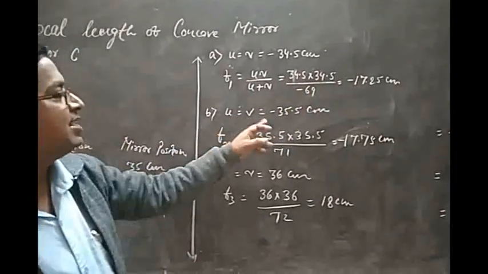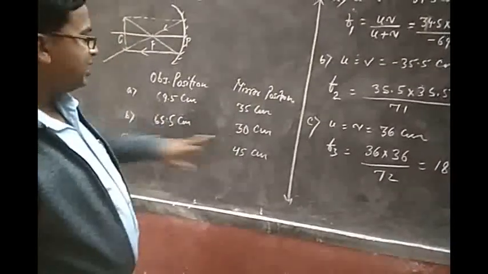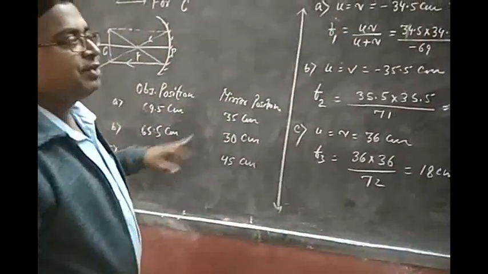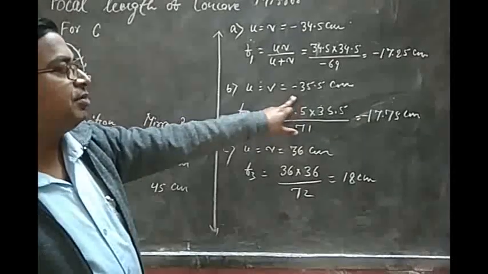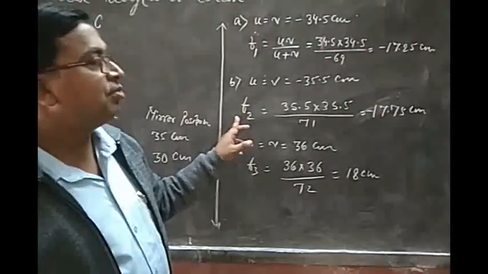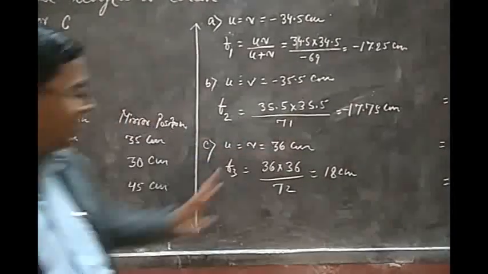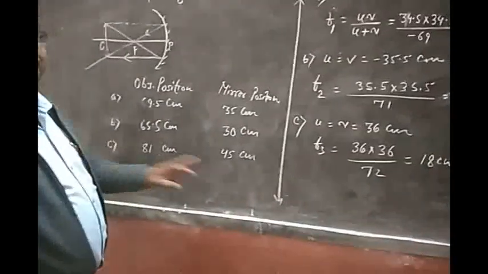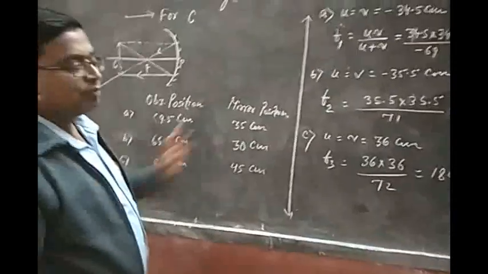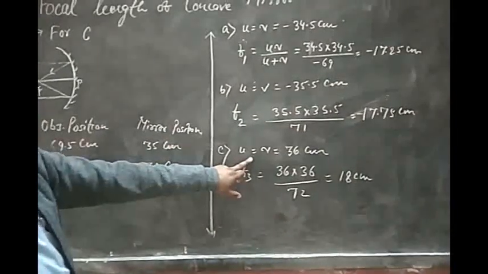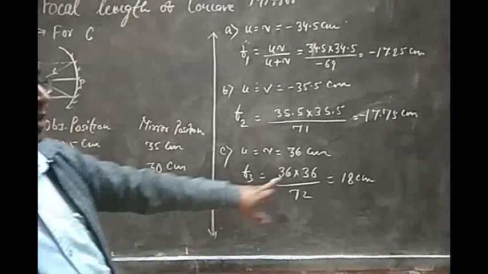In the same way for the second case, subtracting the second data, we get U and V as 35.5. So F2 by the same formula is 17.75. For the third data, 81 and 45, subtraction gives the values of U and V, and the third focal length is 18 centimeters.